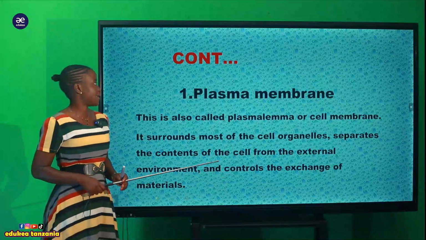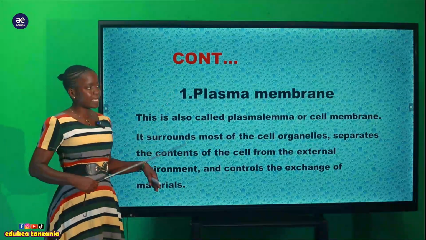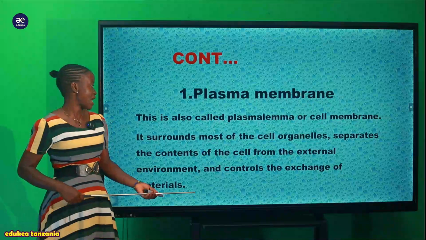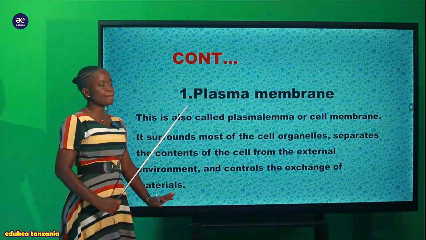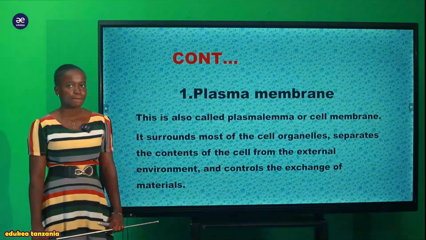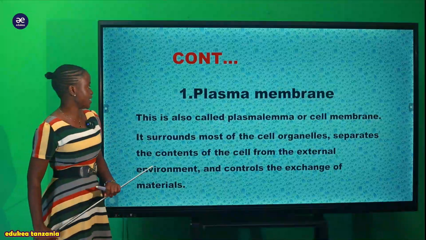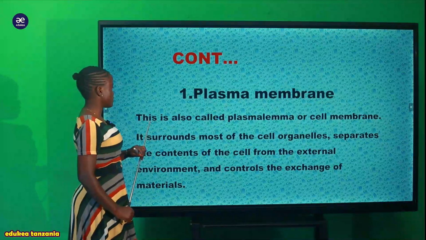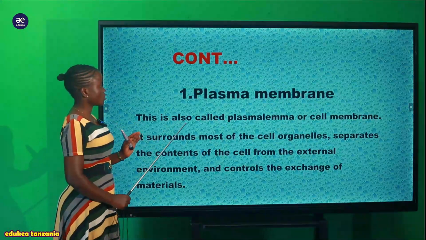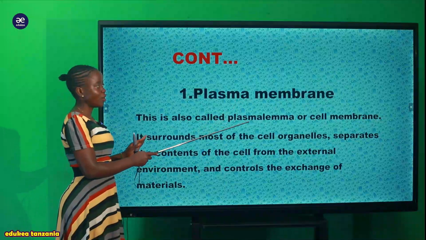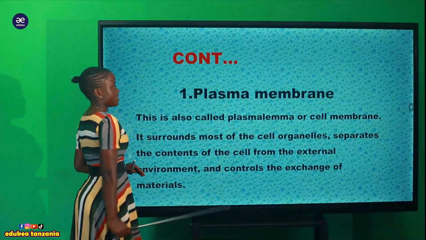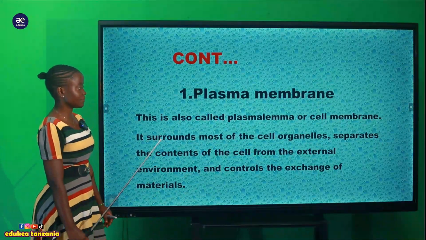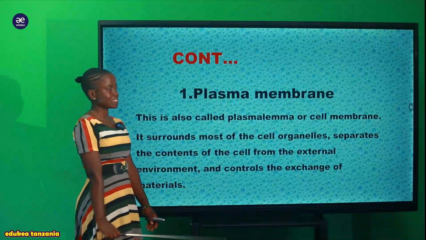So now tukianza na ile membrane ya nje kabisa ambayo tunaita plasma membrane. So what is that plasma membrane? When we say plasma membrane, this is also called the plasmalemma, or it can be called the cell wall. So don't be surprised kama akikuuliza what is plasmalemma.